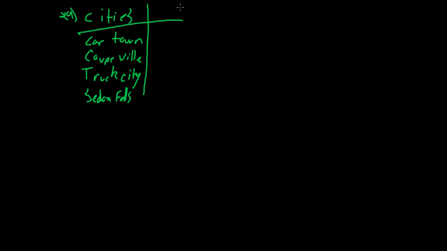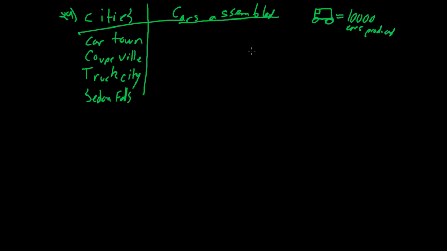And then it tells us the number of cars assembled, and it gives us this key that says each, it's supposed to be a car. Okay, well, that's my version of a car for the time being. And each car is equal to 10,000 cars produced. And Cartown has 4 of these cars.